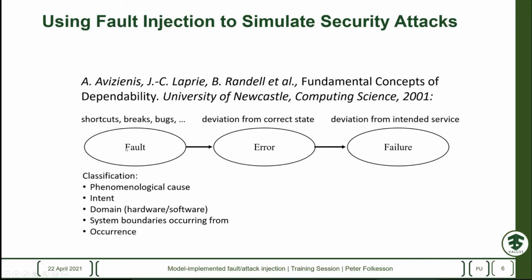And there are many kinds of faults. It can be shortcuts, it can be breaks, it can be software bugs, and so on. And these may all be classified according to their phenomenological cause, their intent, the affecting domain, whether they affect hardware or software, the system boundaries they occur from, and when they occur.